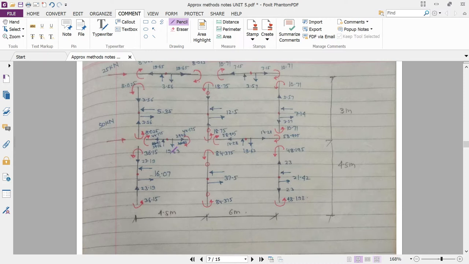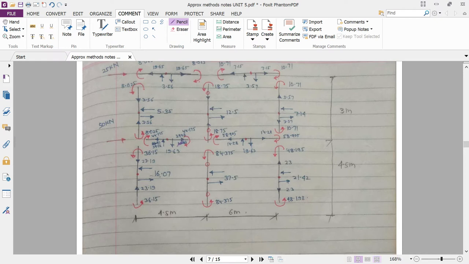Then finally transfer this force to the next one. So 19.63 is already there. If you add 3.56, you will get the answer 23.19. Now here it is already 0, so 19.63 plus 19.63 will be 0. Then here 19.63 is going downward, plus 3.37 going downward, so the summation will be equal to 23.